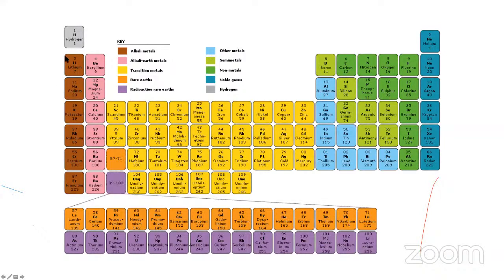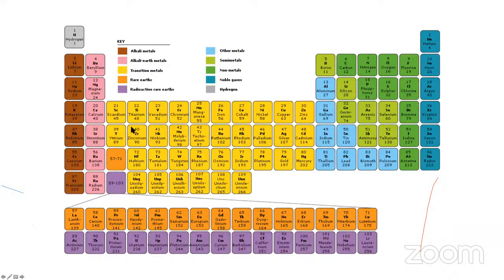If you look at how they are arranged, there are periods, rows and groups. The alkali metals have one valence electron, on the outermost shell. Then you have the alkaline earth metals, then the transition metals in the yellow.